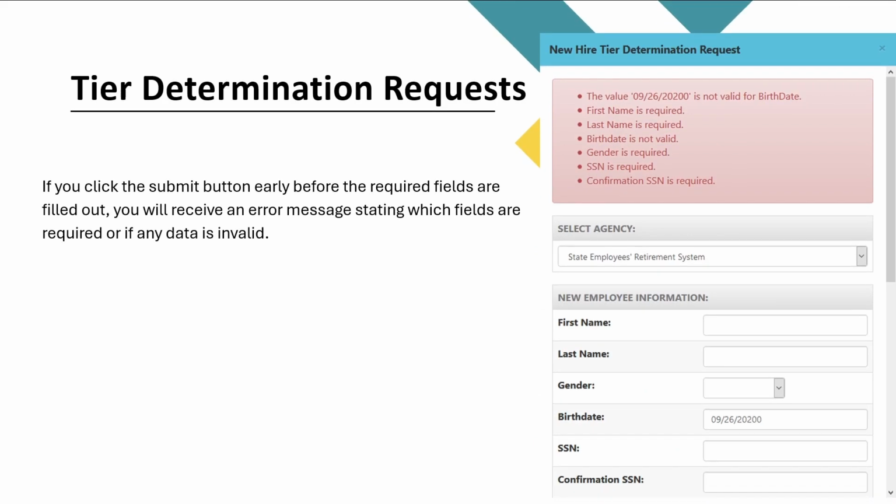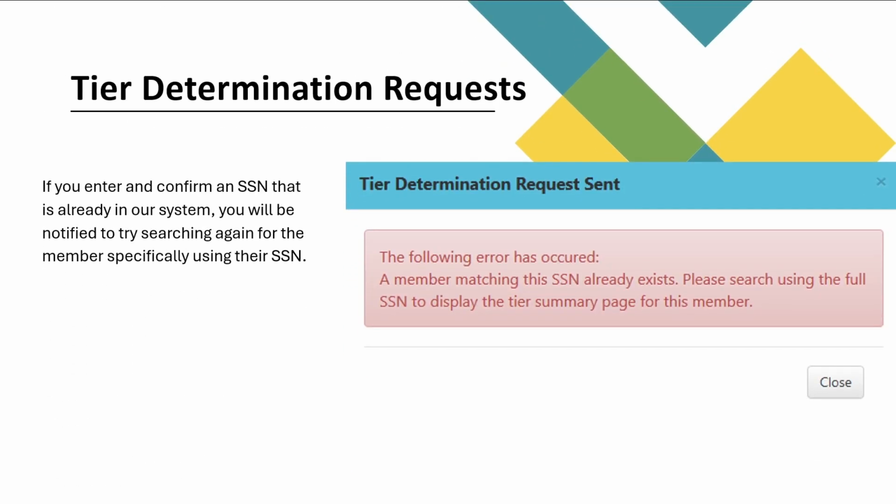If you click the Submit button early before the required fields are filled out, you will receive an error message stating which fields are required or if any data is invalid. If you enter and confirm an SSN that is already in our system, you will be notified to try searching again for the member specifically using their SSN.